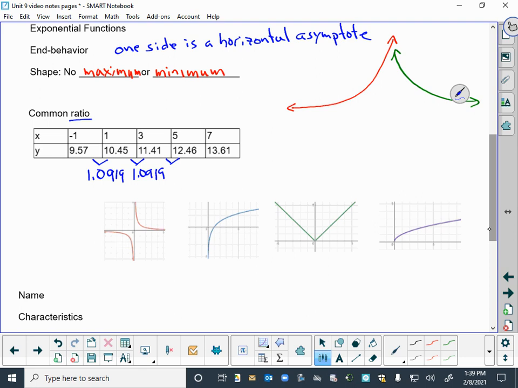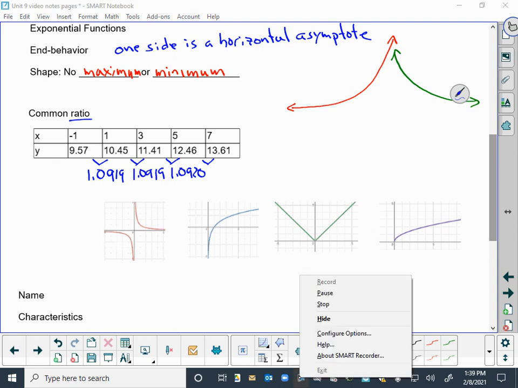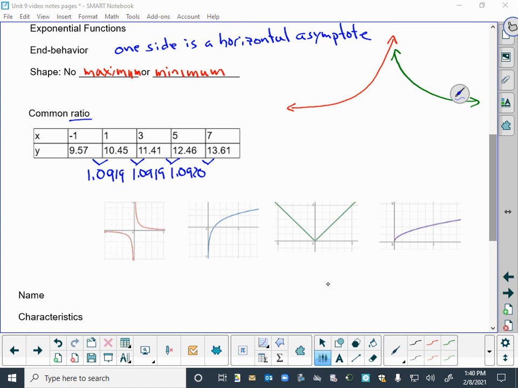12.46 divided by 11.41. Things are looking pretty good so far here. This gives me 1.0920, which is not exactly the same, but not far off. And this last one, 13.61 divided by 12.46, actually gives me 1.0923.